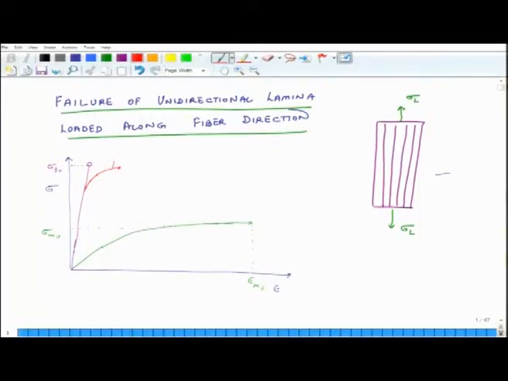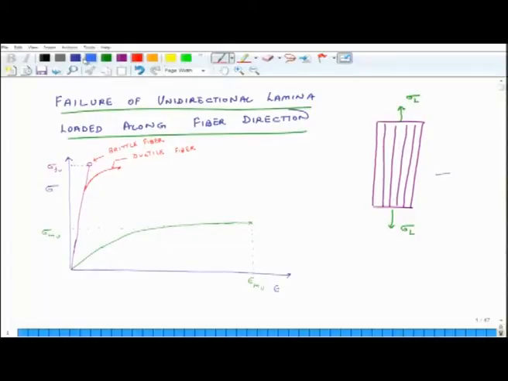This is for a ductile fiber, and this curve is for a brittle fiber.